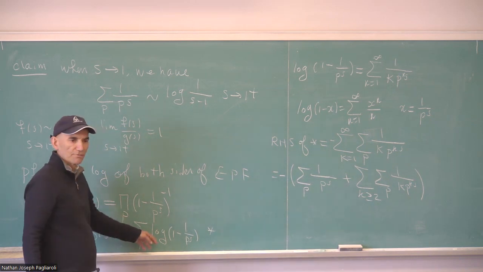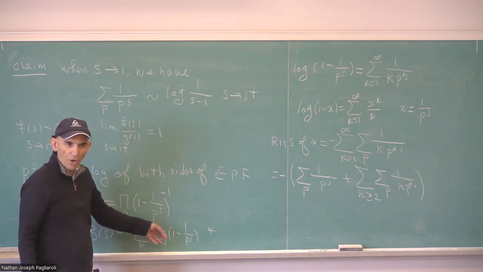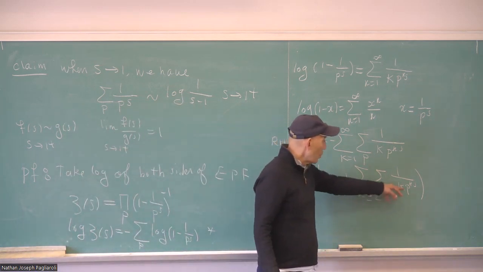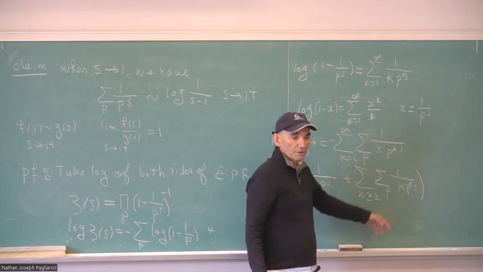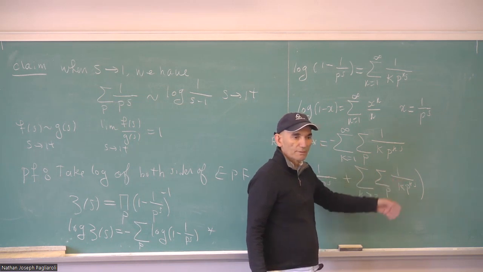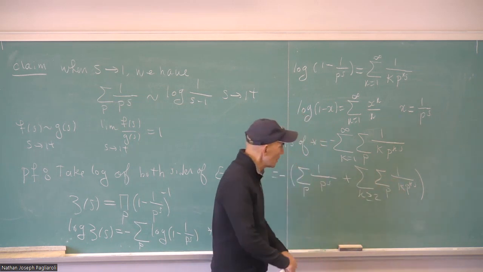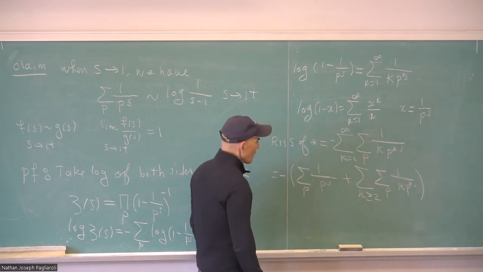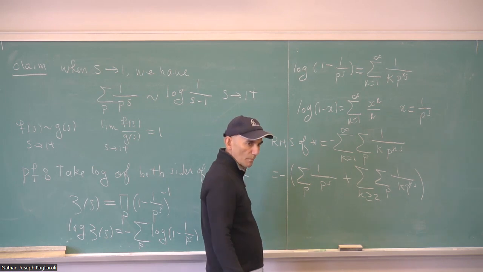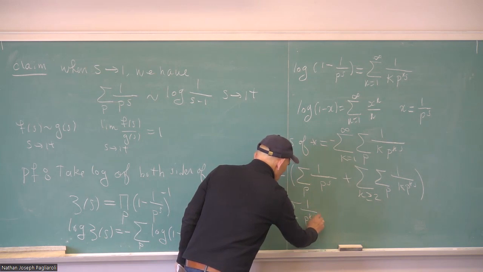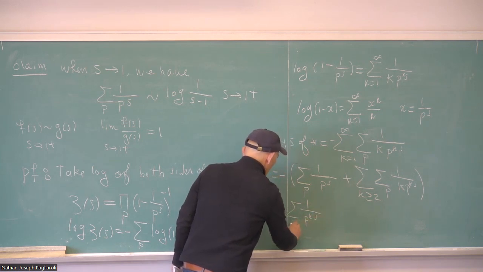This is the right hand side after I take the log. Now, I claim that this whole thing actually is finite for all s that is real. Why is that so? What can you say about something like this, k bigger than or equal to 2?